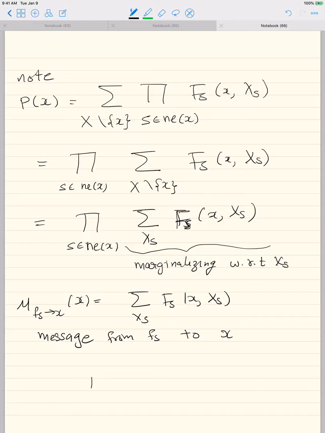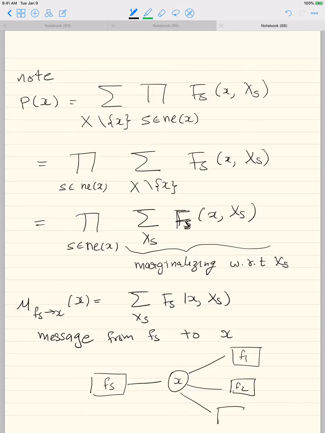So in other words, to summarize, we had fs here, we had the node x was also connected to other factor nodes. Each one of them had their descendants, and there was the product of all the factors with fs as the root, and similarly it was the case with other factor nodes.